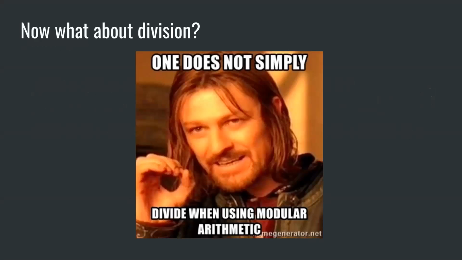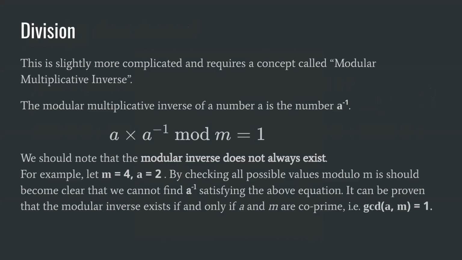So what about division? We just talked about addition, subtraction, and multiplication. Modular arithmetic with respect to division is not so simple. For division, we need to know something about the modular multiplicative inverse. The modular multiplicative inverse of a is a number such that if we multiply a into a inverse with respect to mod m, it will give us 1.